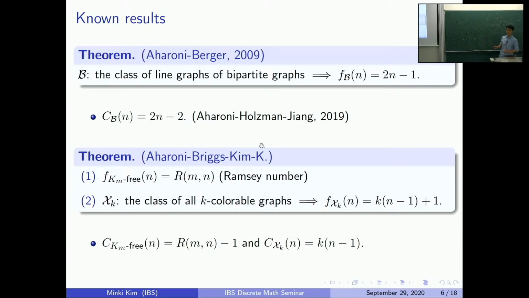In each of these results, we can easily see that the faces in this complex must have size at most this. For example, in K_m-free graphs, if we have more than this many vertices, then by Ramsey's theorem it should contain either K_m or an independent set of size n.